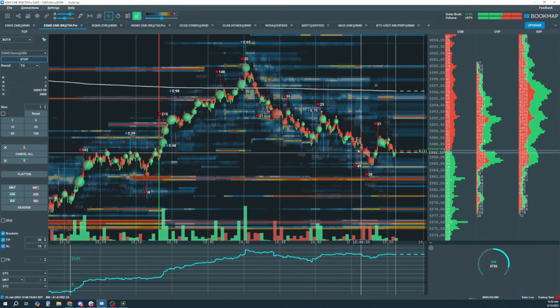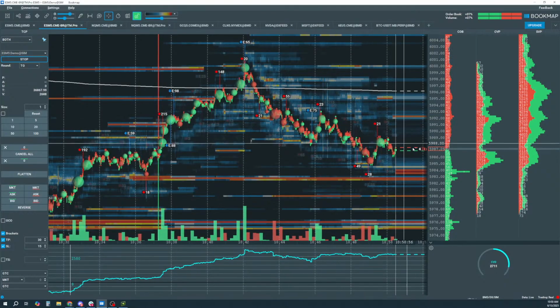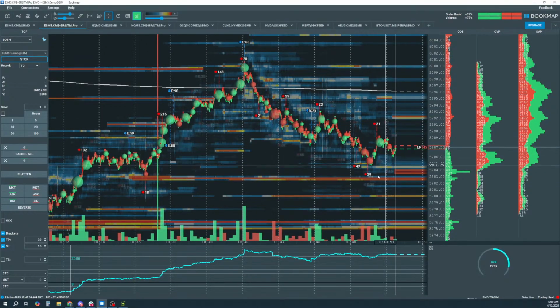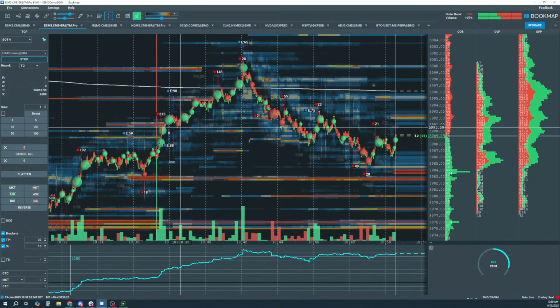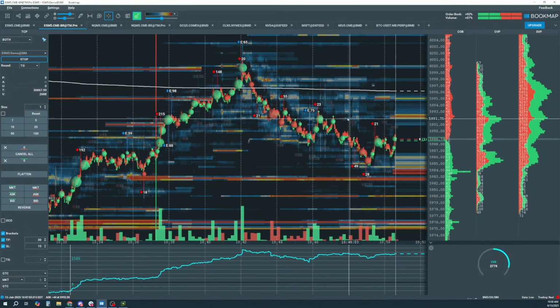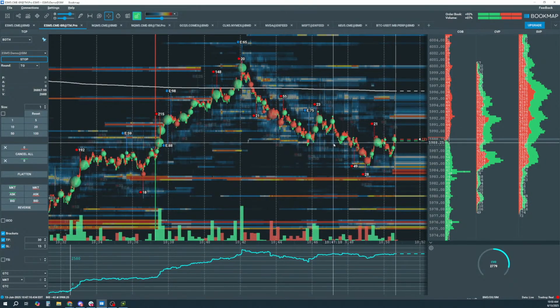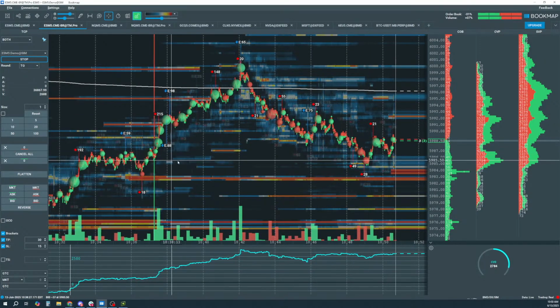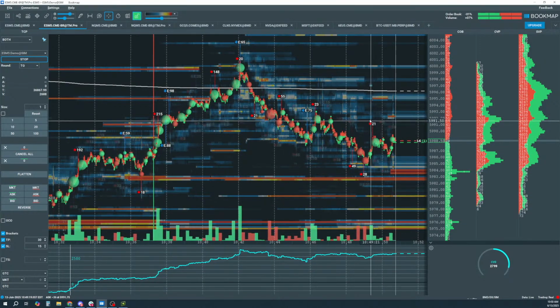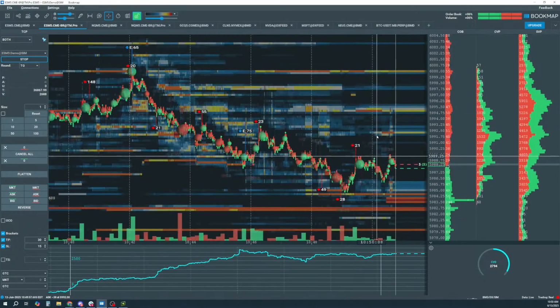Again, this is kind of odd price action and behavior, the move up, the move right back down. What we're going to look for are levels, and then stops and icebergs around those levels.